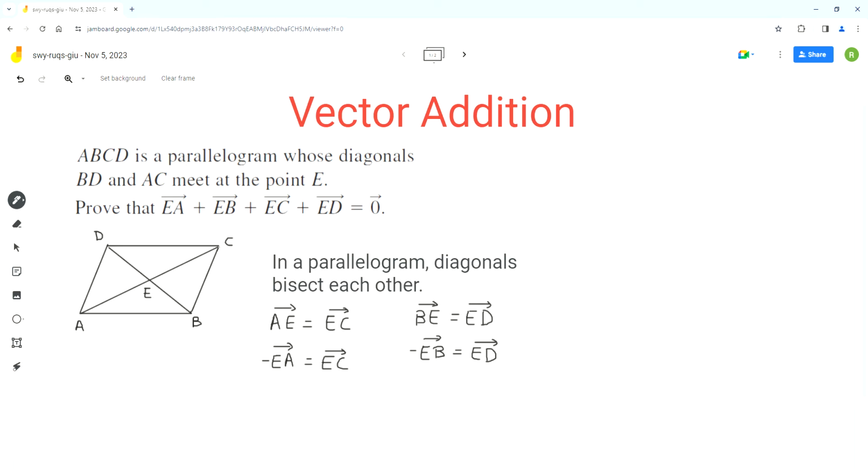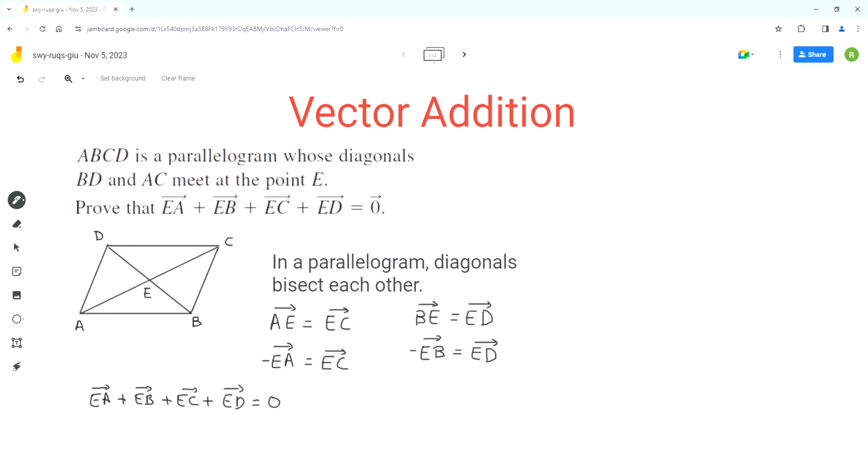Now we can work on this given statement that we have to prove. So we have to prove that vector EA plus vector EB plus vector EC plus vector ED is equal to 0. So now here we'll have to use substitution.